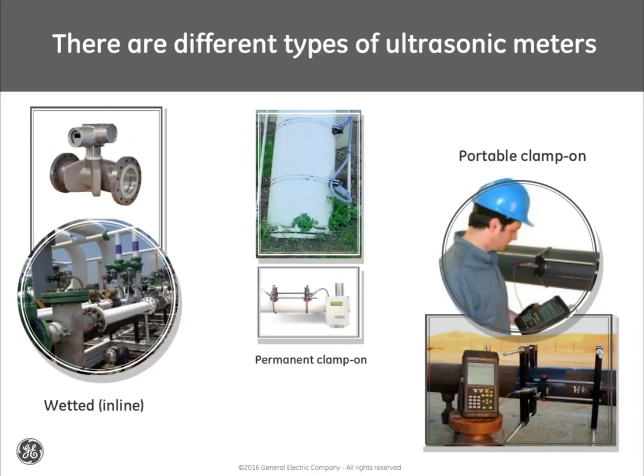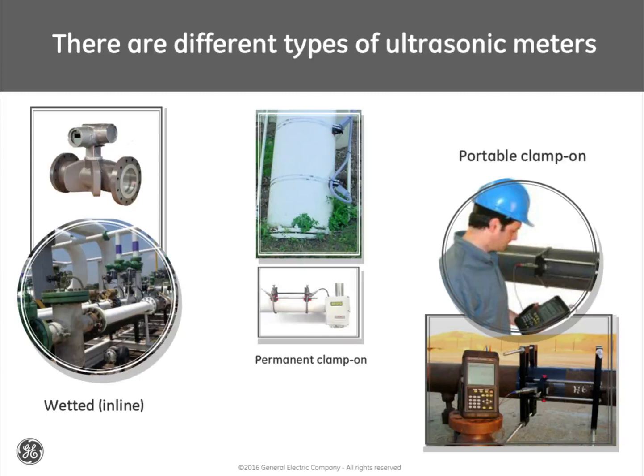There are many different types of ultrasonic flow meters in the market today. For wetted or inline meters, we have high-accuracy custody transfer and allocation meters for both gas and liquid. We also have high-temperature inline flow meters for applications such as heater feed flows in delayed cokers, with temperatures up to 1,000 degrees Fahrenheit.